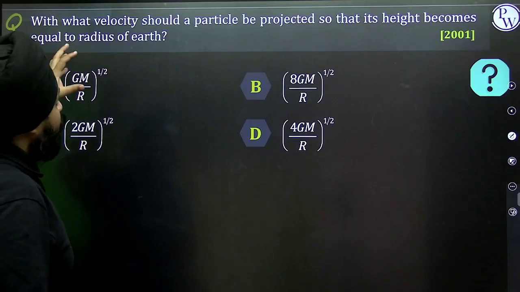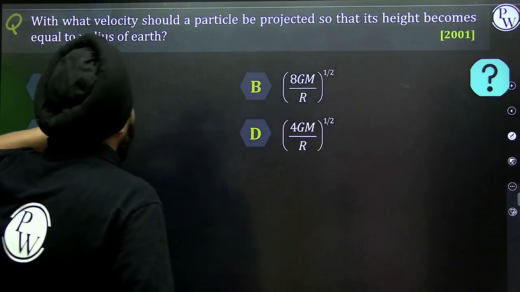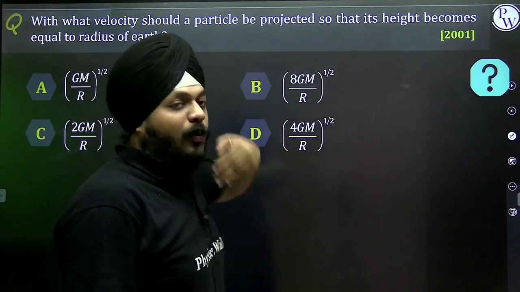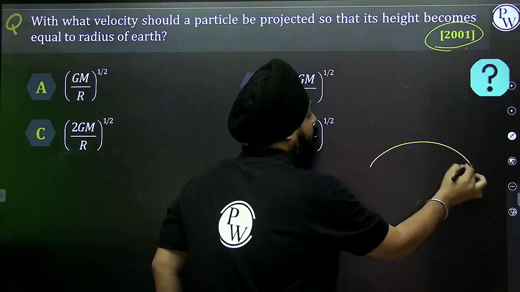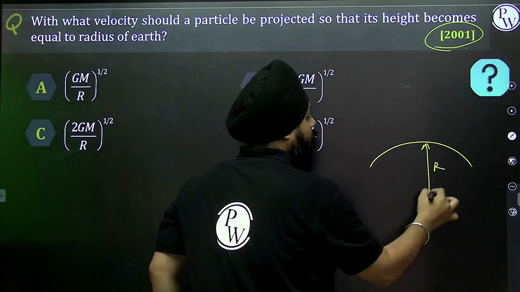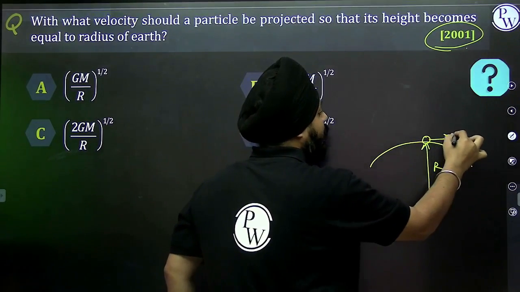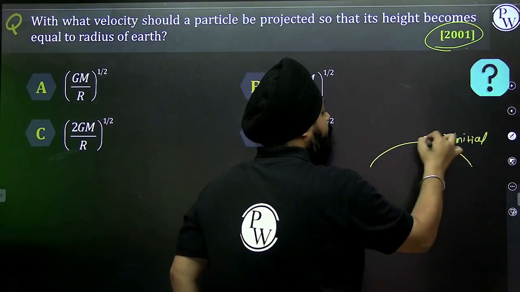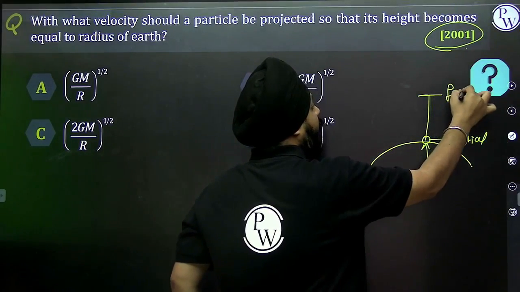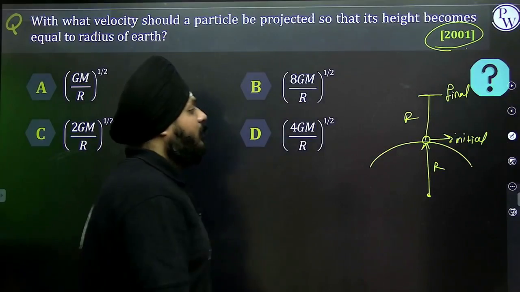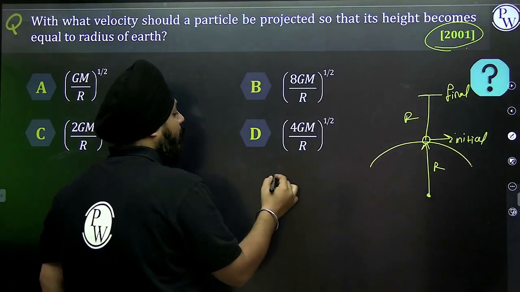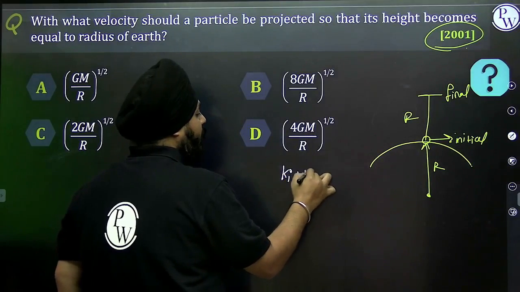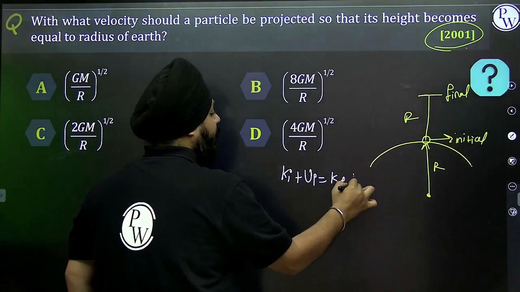With what velocity should the particle be projected so that its height becomes equal to the radius of Earth? Work energy theorem, 2001. From the surface, the initial position, it is released to a height, the final position, R above the surface of the Earth. Simple calculation using the work energy theorem: K initial, U initial, K final, U final.